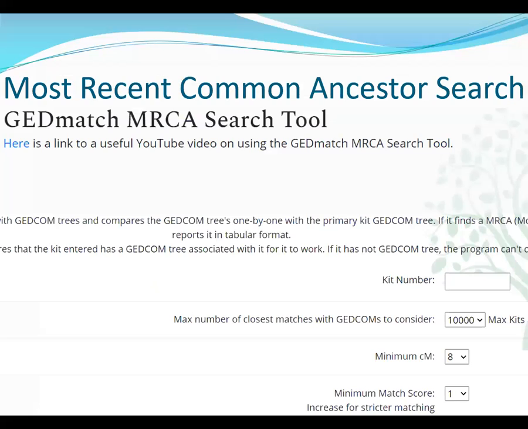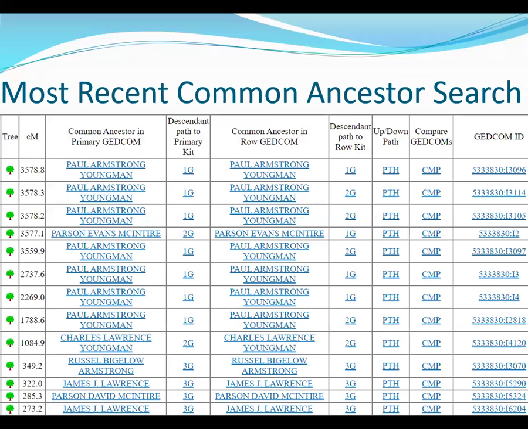The next thing that I want to introduce is the feature to look for shared most recent common ancestors. Here you put in a kit number and you look to see if there is a shared ancestor among people who have uploaded a GEDcom file. Here's the output for that.